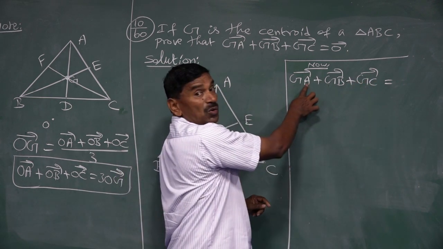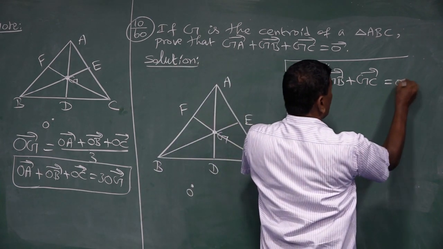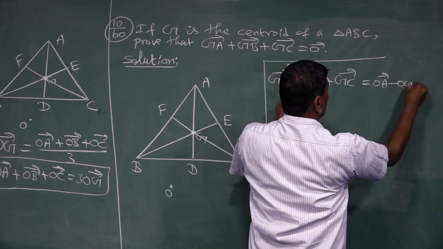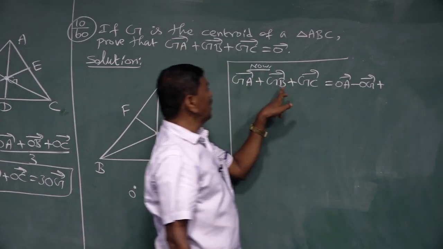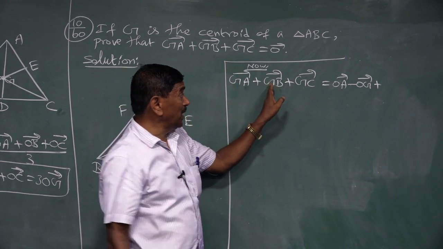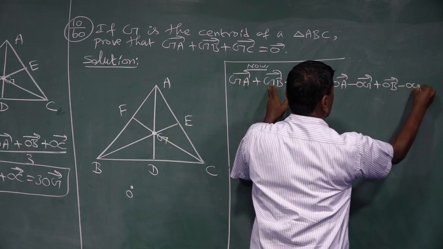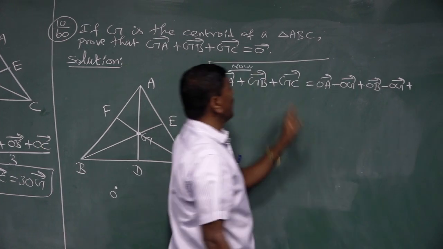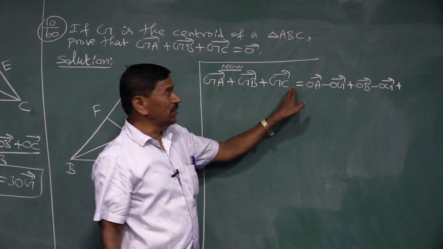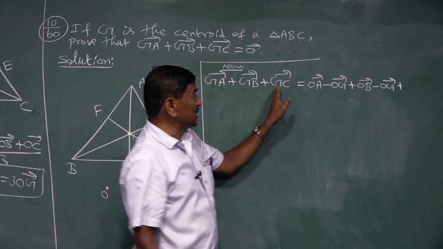So GA vector equal to OA vector minus OG vector, plus GB vector is equal to OB vector minus OG vector, plus GC vector is equal to OC vector minus OG vector, second minus first.